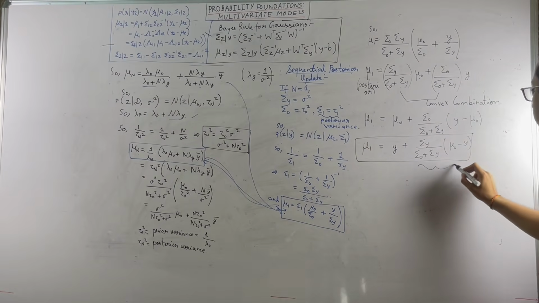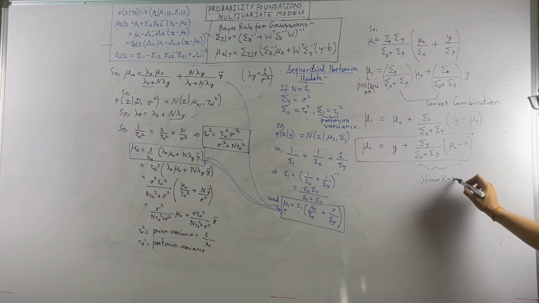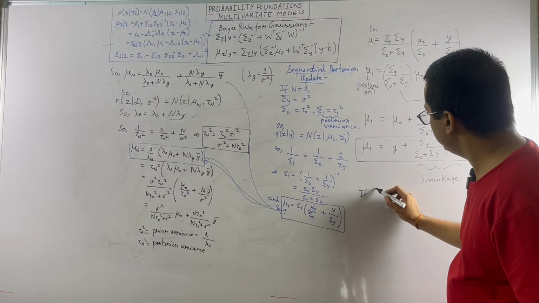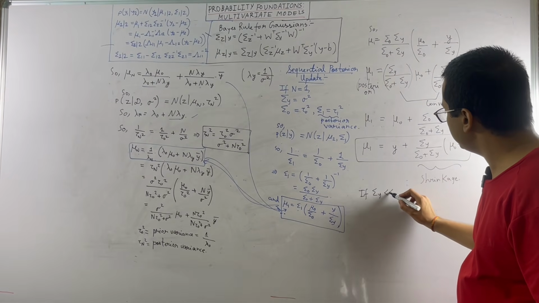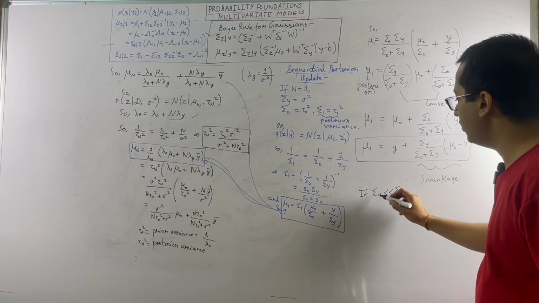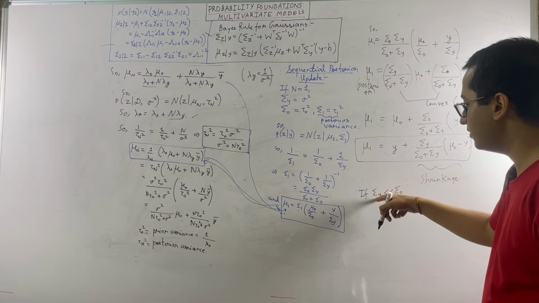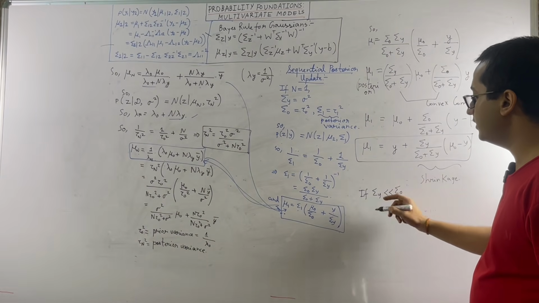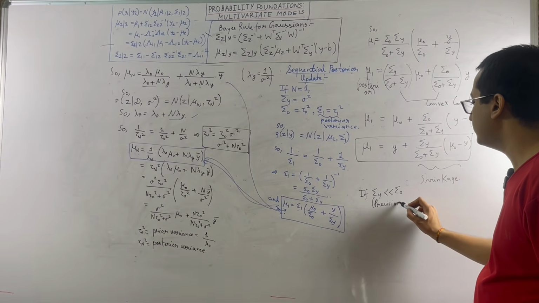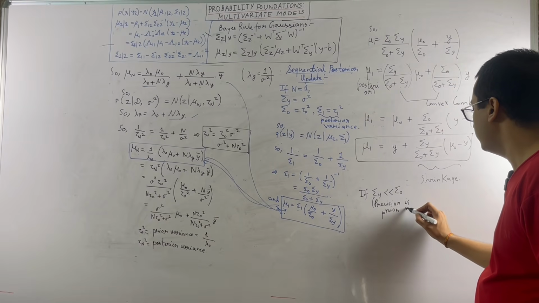This part is the shrinkage. Why? You see, if sigma y is much less than sigma naught, that is, the variance of the likelihood is very small, or in other words, the precision of the likelihood is very high, or the prior precision is very low.